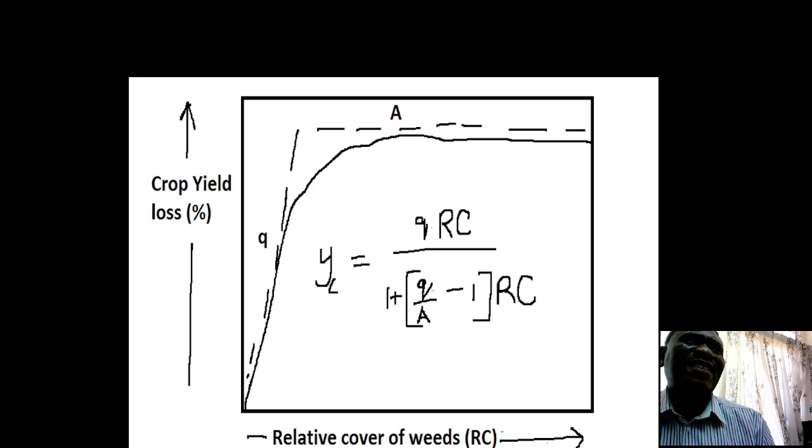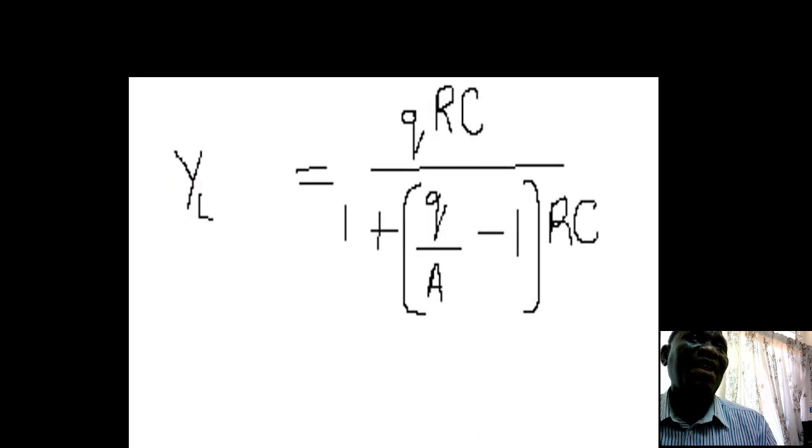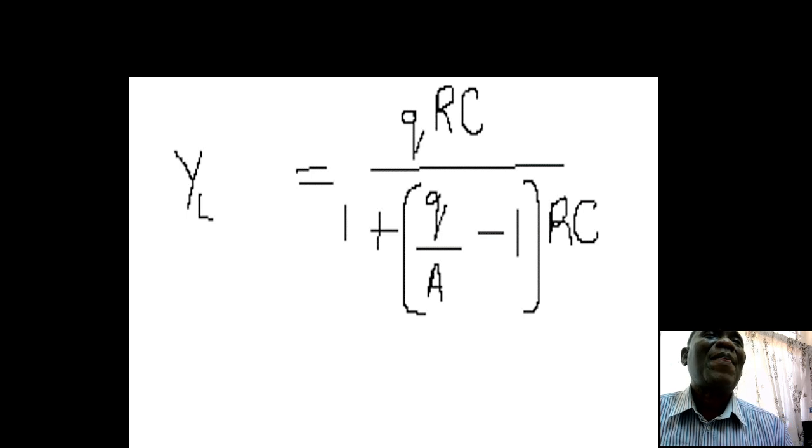So we want to see the situation under a groundnut crop or a maize crop. Probably this information could be used by Agritechs to advise farmers on how to go about managing weeds. So this is the equation.